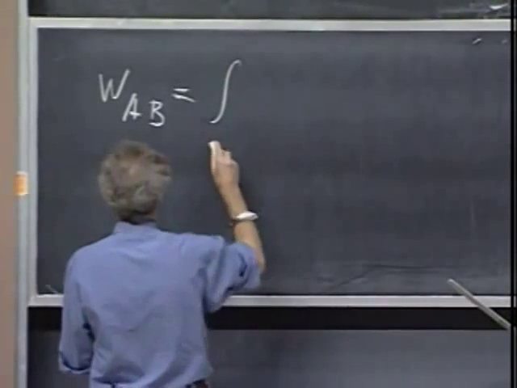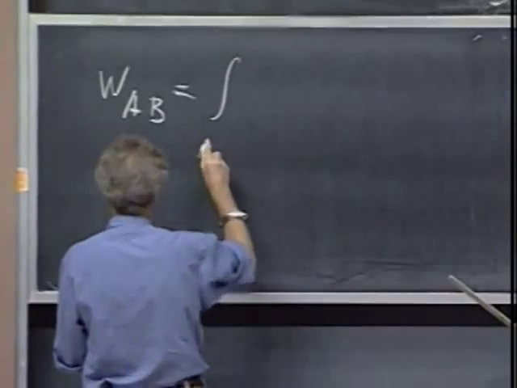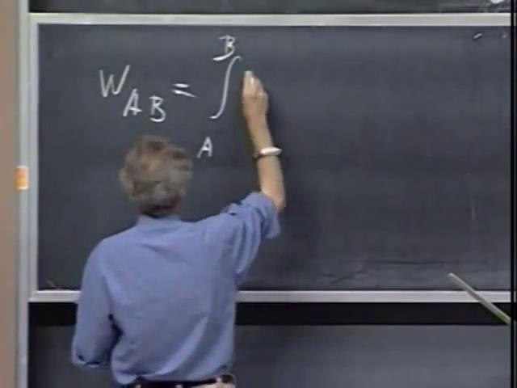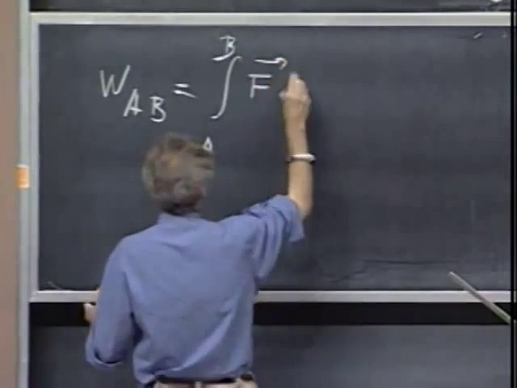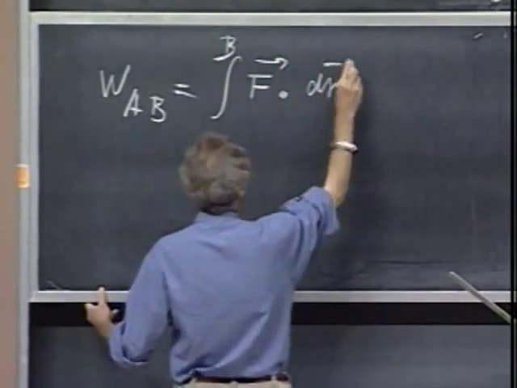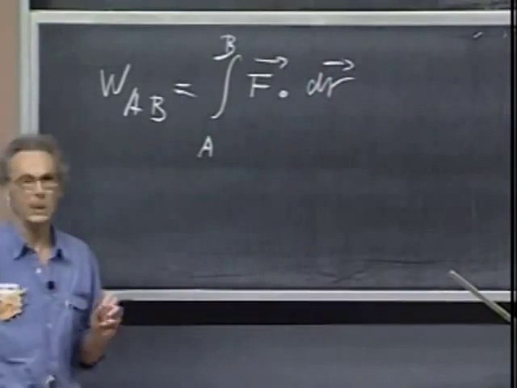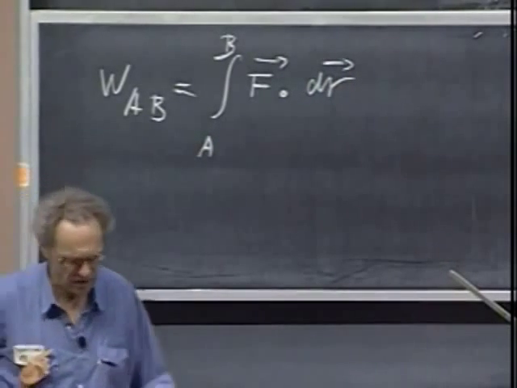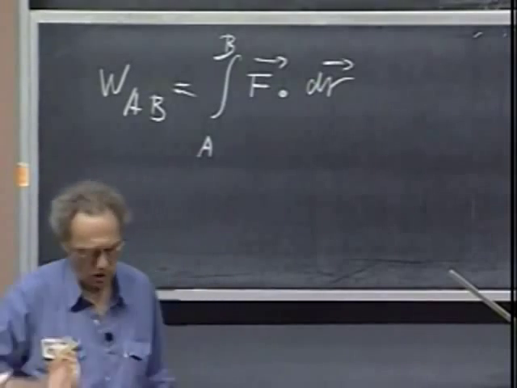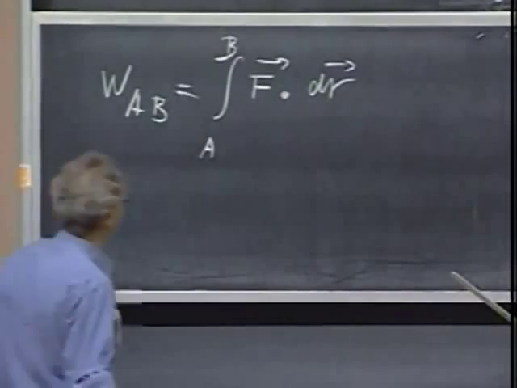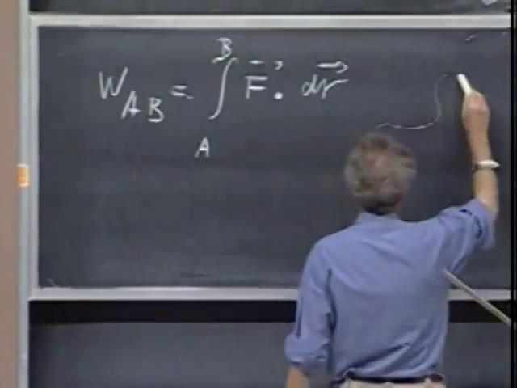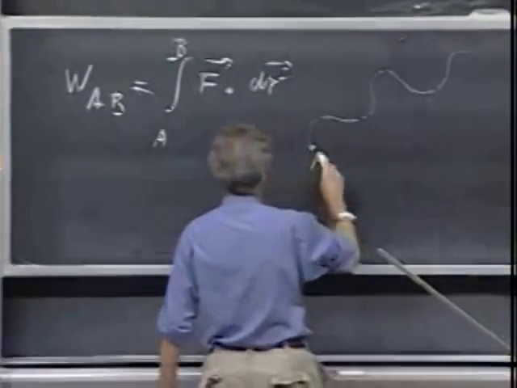Now the work that the force is doing in going from A to B is F dot dr. r is the position in 3-dimensional space where the force is at that moment, and dr is a small displacement.